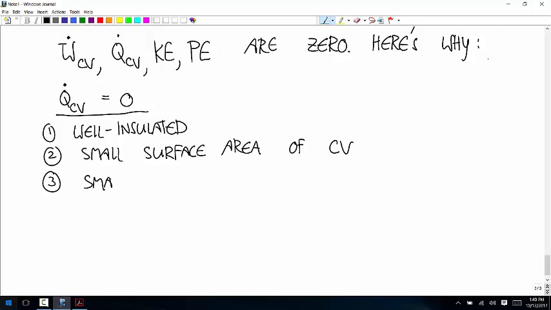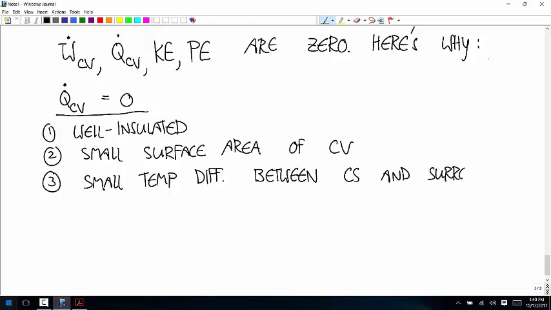Or a small temperature difference between the control volume and the surroundings. And 4, if the material moves fast through the control volume, then there just isn't time for heat exchange to happen.